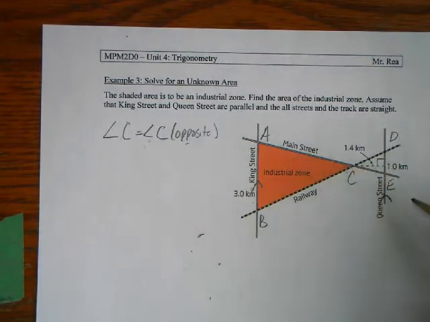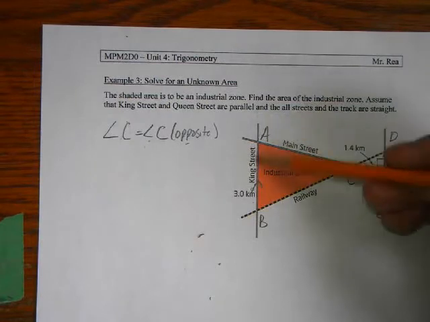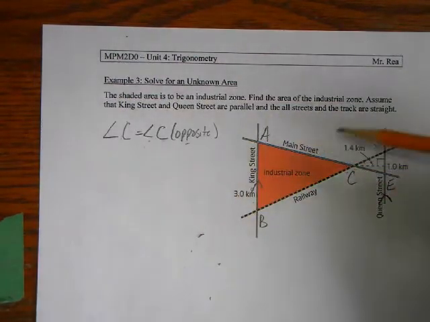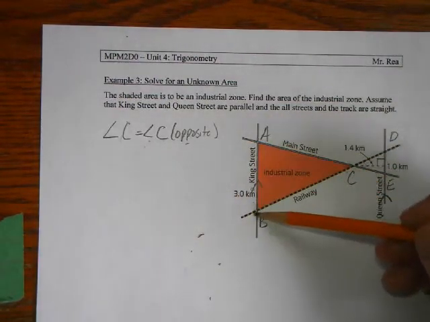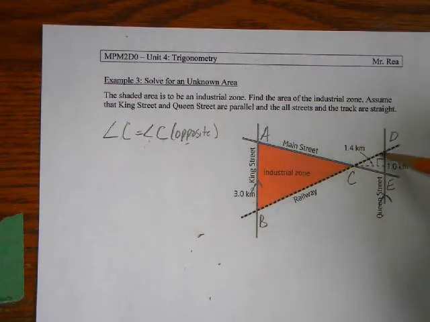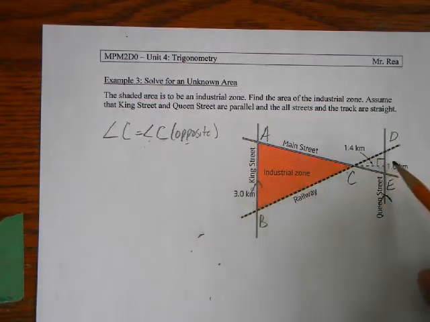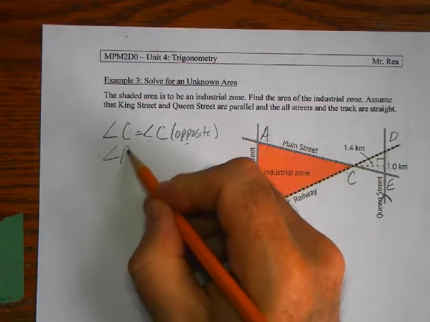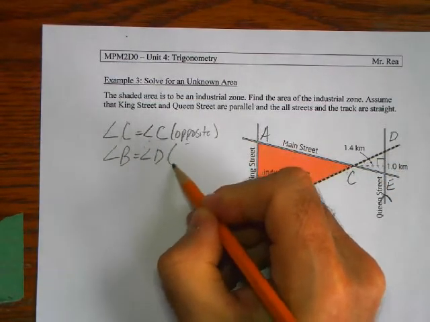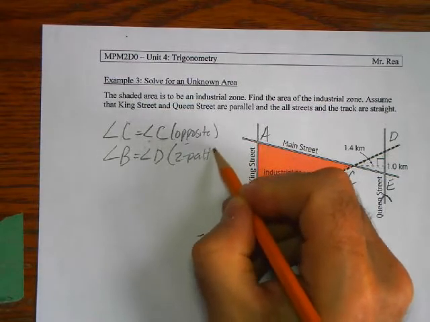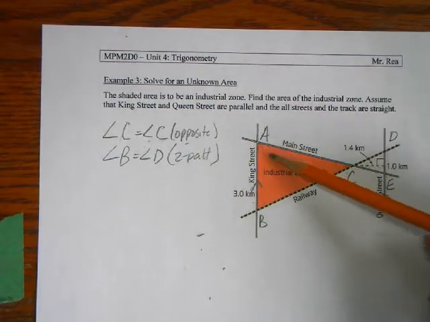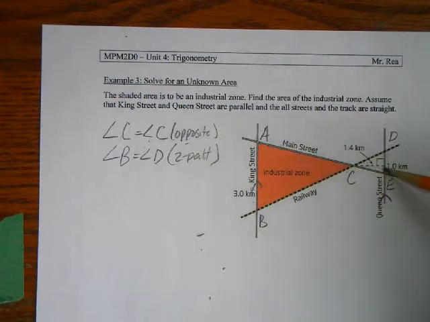And then because these lines are parallel, that brings out the Z pattern. So remember the Z pattern, this would be the Z here. That tells us angle B is equal to angle D because of the Z pattern. And also A and E are equal because of the Z pattern.